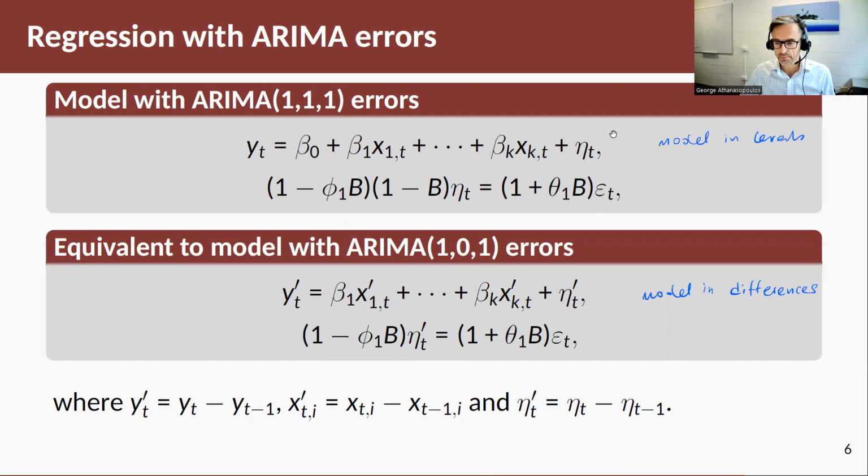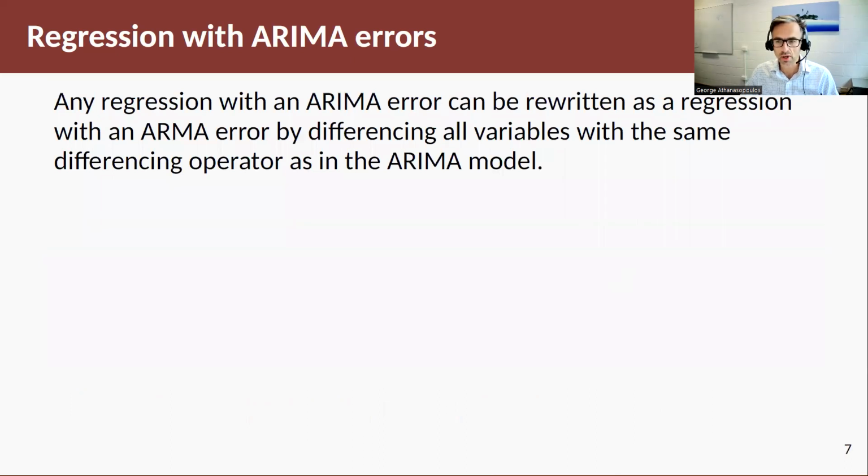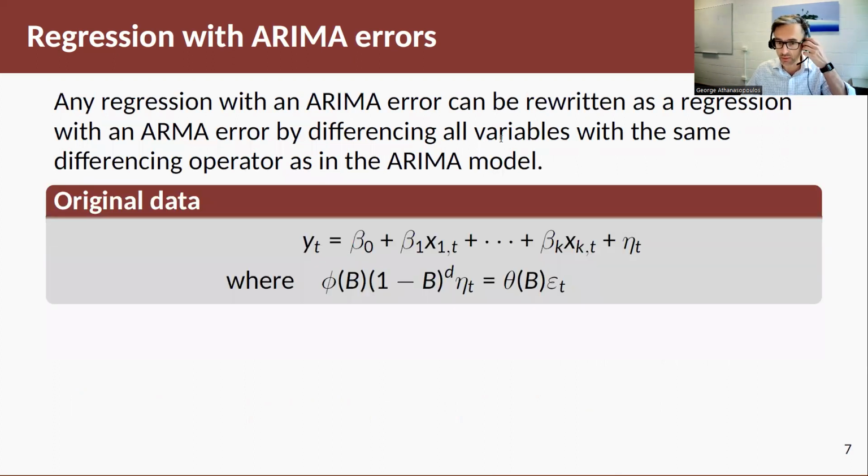Usually we refer to the first model as a model in levels, and the second model as a model in differences. We specify this because we want to show that this can be generalized: any regression with ARIMA errors can be rewritten as a regression with ARIMA errors by differencing all variables with the same differencing operator as in the ARIMA model.